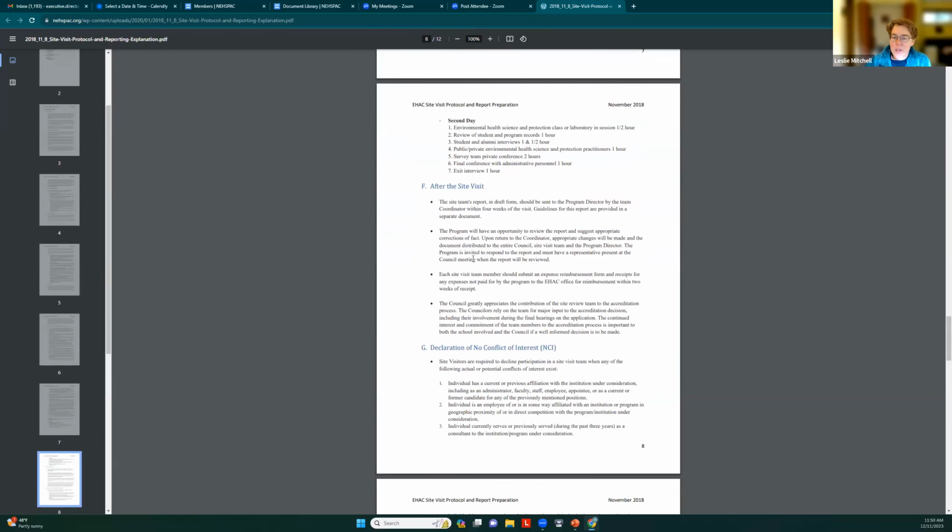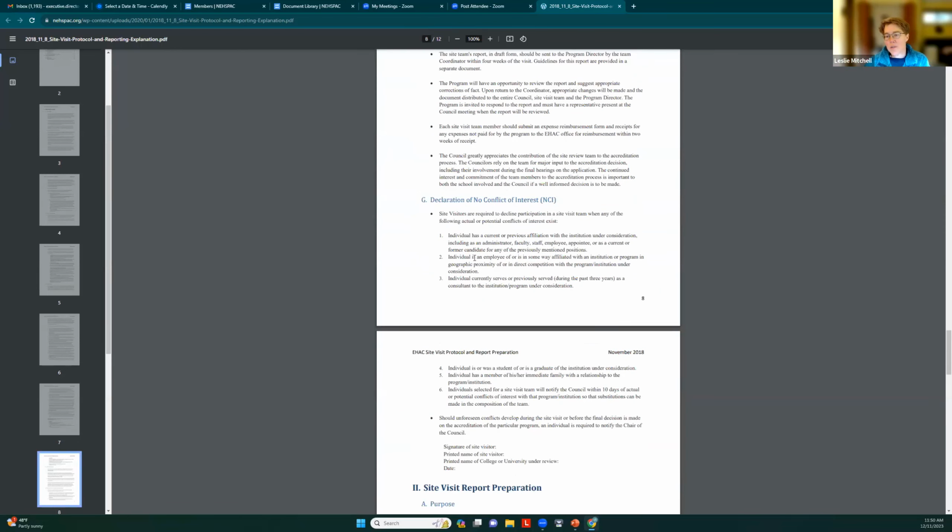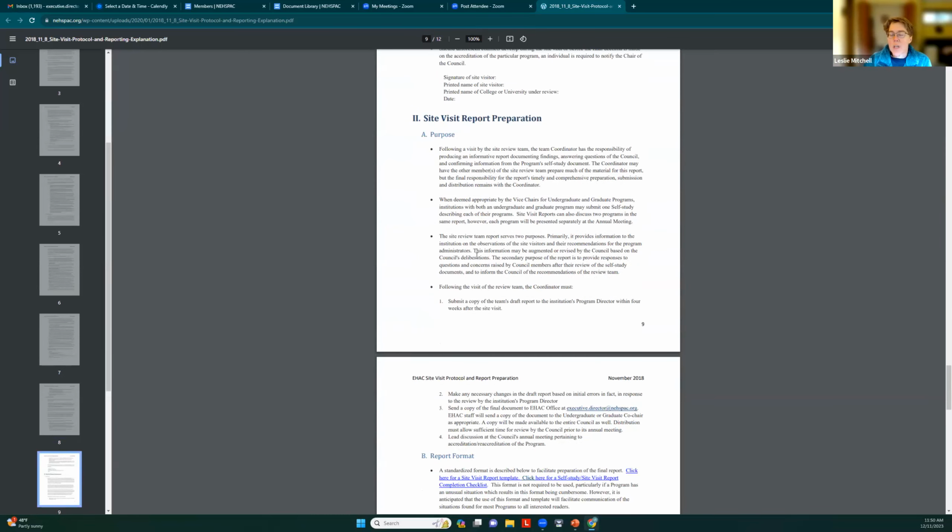And there's post-site visit, and you've already signed a declaration of no conflict of interest. Then the lead is responsible for coordinating the site visit report preparation. They'll do a draft for the site visit team to review, and then put that draft together for the program director.